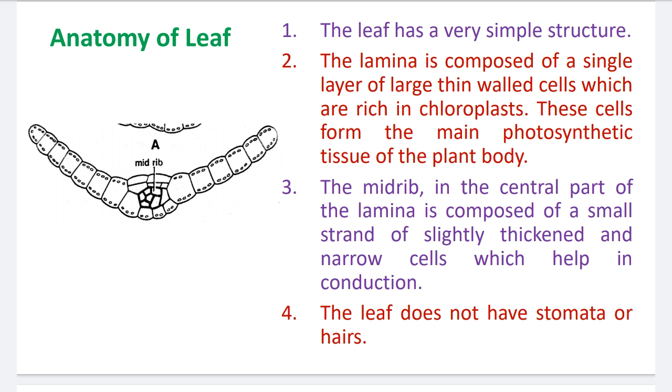These slightly thickened, narrow cells work for the conduction of water, minerals as well as food material. Number 4. The leaf does not have stomata or hairs. These leaves are very simple, so they do not have any stomata or epidermal hairs.